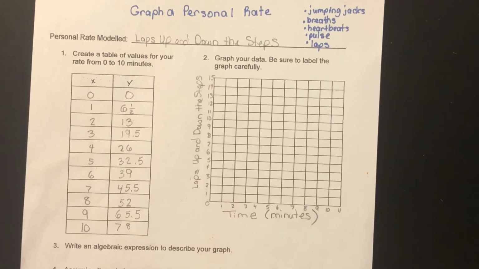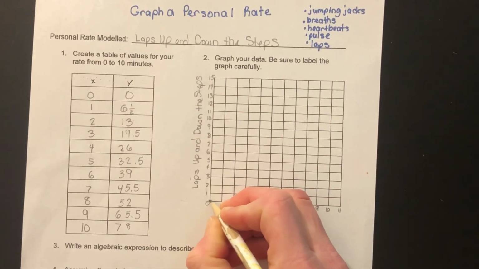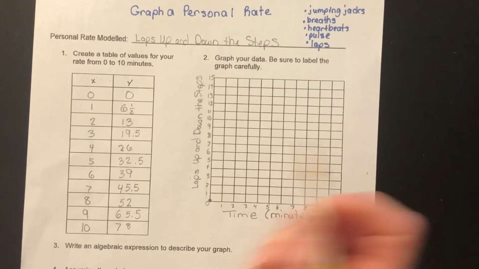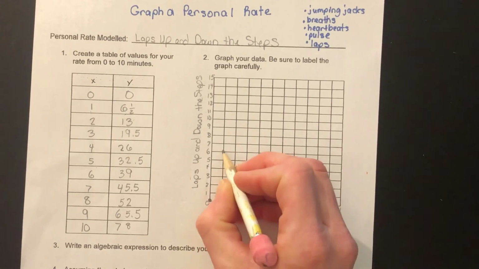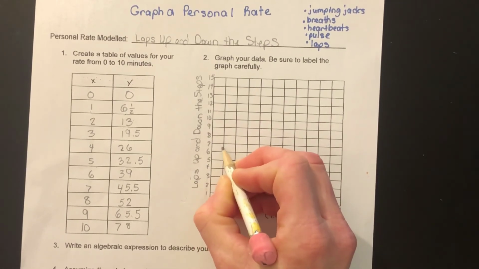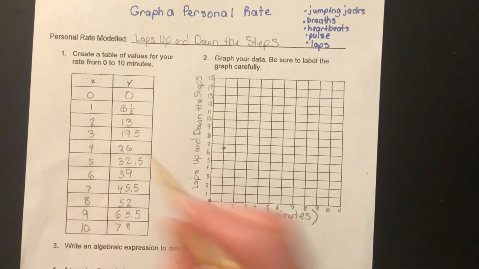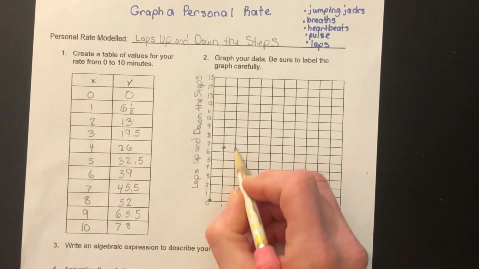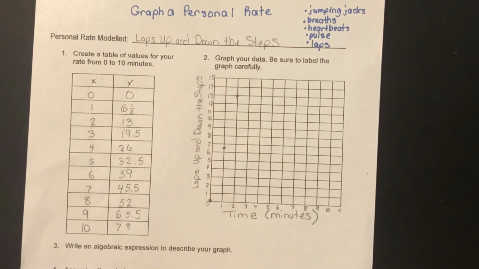So that's what I've chosen to do. So 0, 0 will be my origin. X is 1, Y is 6.5. 1, here's 6, here's 6.5. 2 is 13, so 2 minutes. I go up to 13, and I don't have room for the next one.